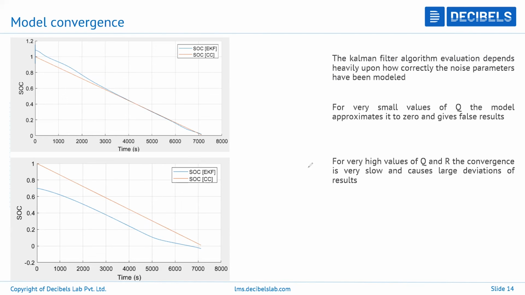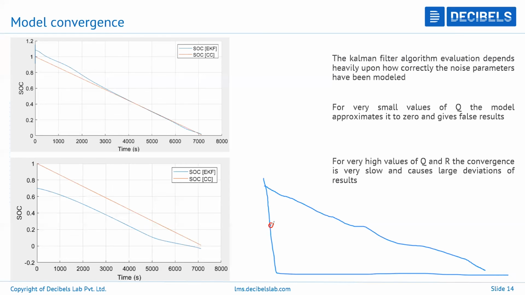Okay. So idealistically, if you observe, for example, let's say that this is your measured SOC, or you can say this is your measured value, and the Kalman filter, I will use a different color, is provided at a slightly different starting point. Let's say that the convergence happens like this. So this is more idealistic.